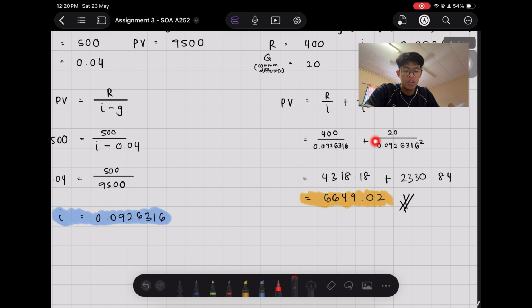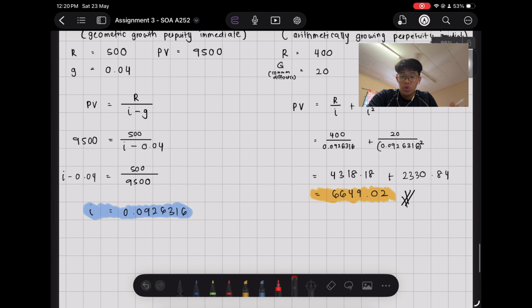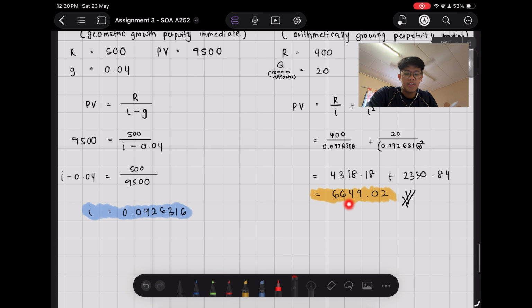Adding these two values together, we get 4,318.80 plus 2,330.84, which equals 6,649.02. The present value of the second trust asset is 6,649.02.